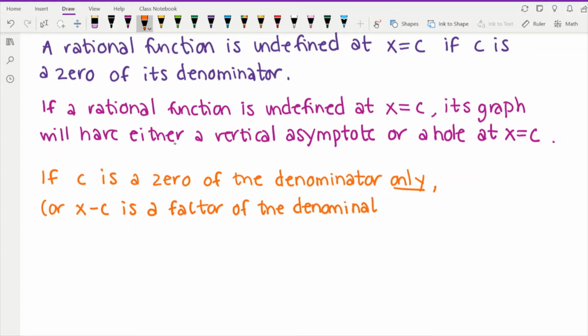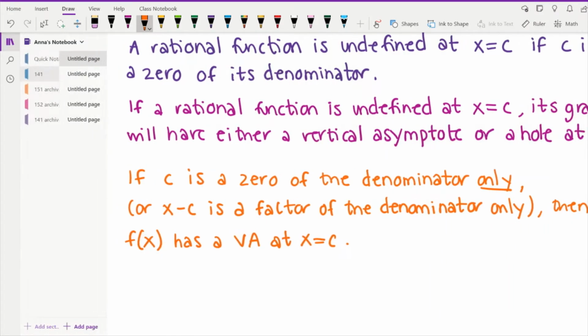Those are equivalent. We know that if something is a 0, then x minus that thing is a factor. So if you have a number that's a 0 only of the denominator, meaning that x minus that thing is a factor of the denominator only, then f of x has a vertical asymptote at x is equal to c.